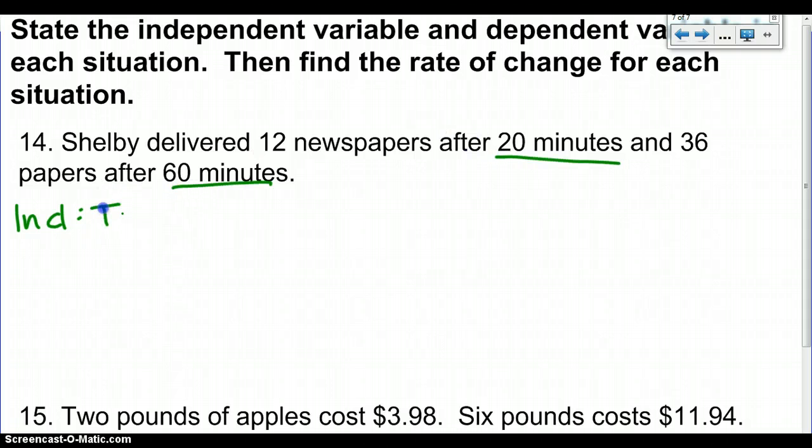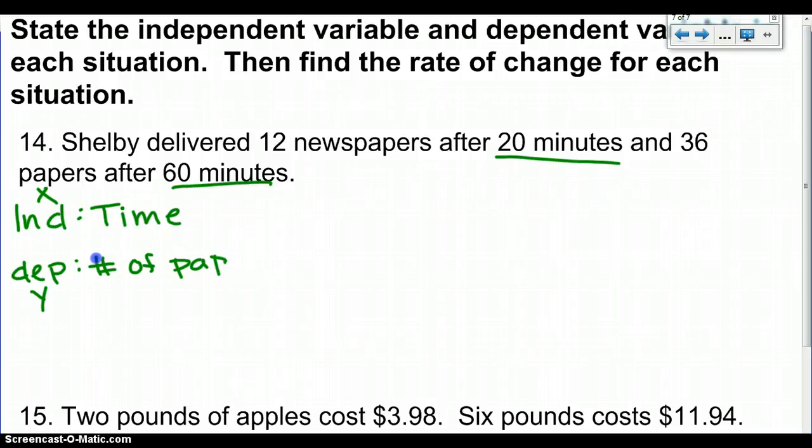So time is our independent variable, and those are our x values, and our dependent variable, which are our y values, is the number of papers delivered.